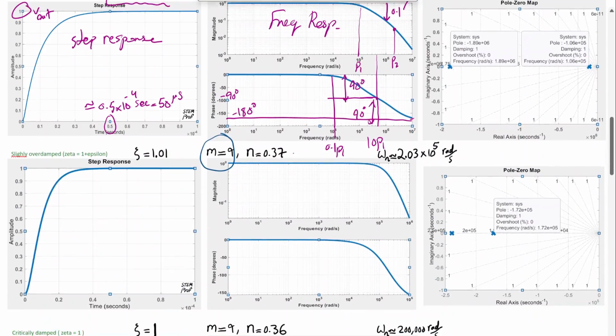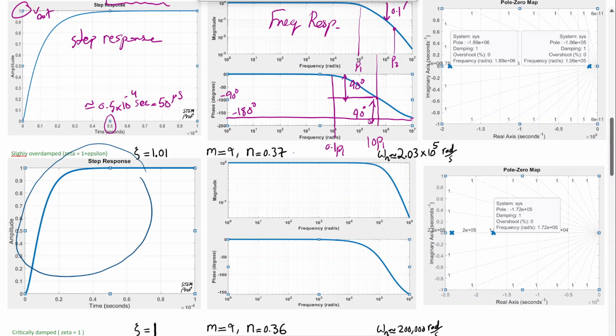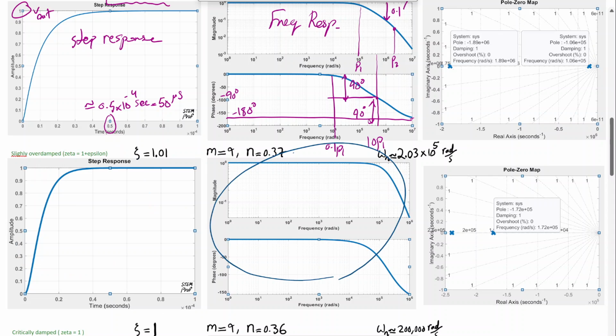With that, it becomes slightly overdamped now, and because of the slight overdamp, we are not seeing any major change in the step response, and the frequency response remains almost the same.